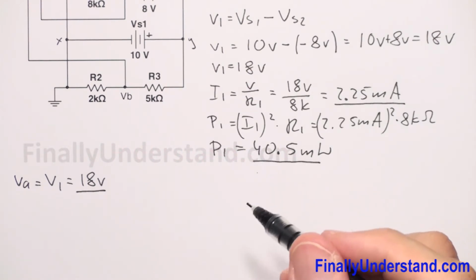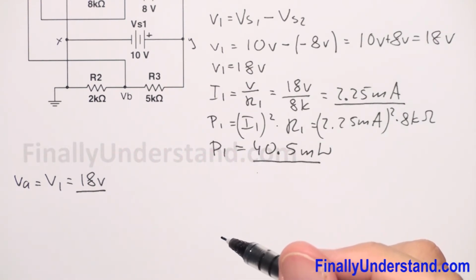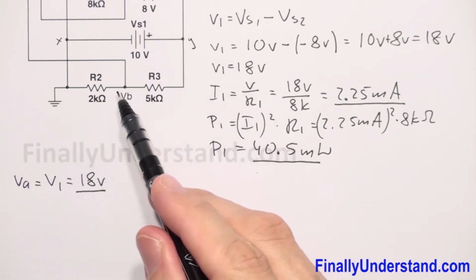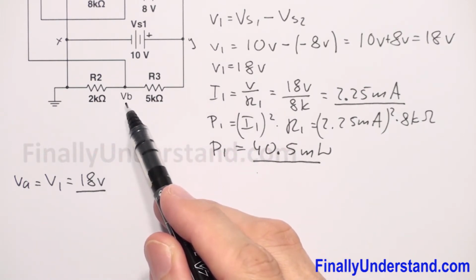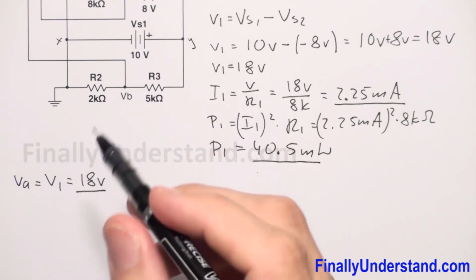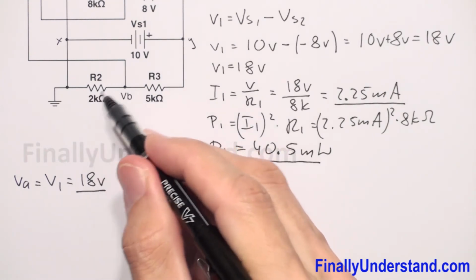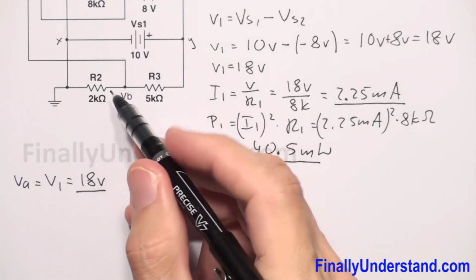Next, we can find voltage VB. Voltage VB is the voltage across resistor R2. So we're supposed to find VR2.